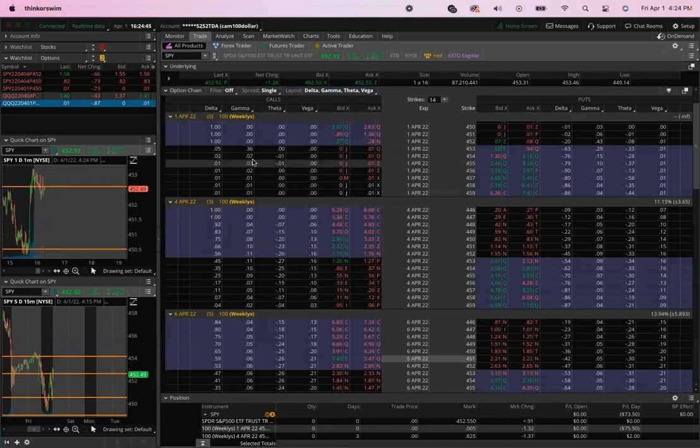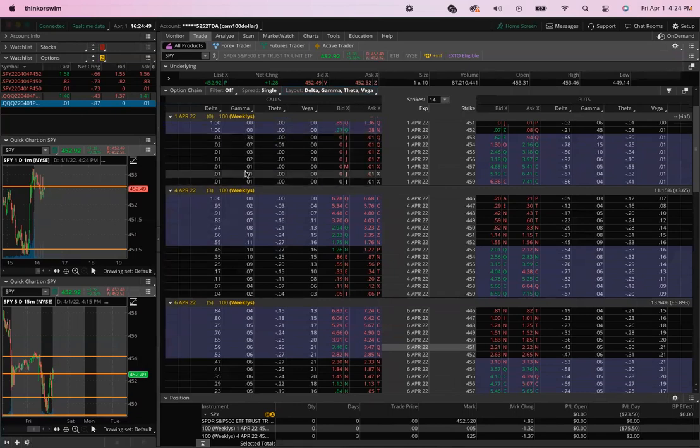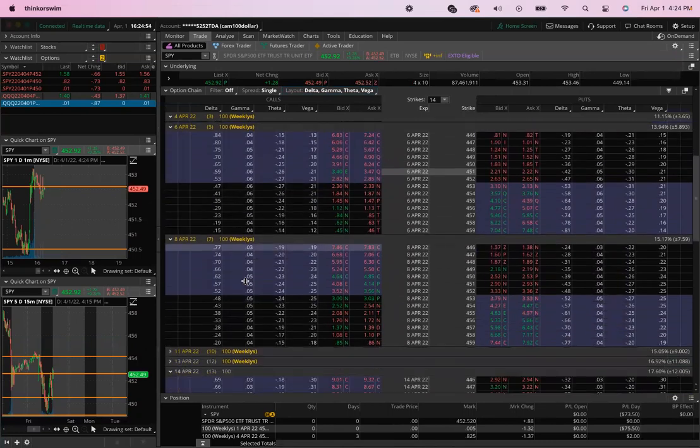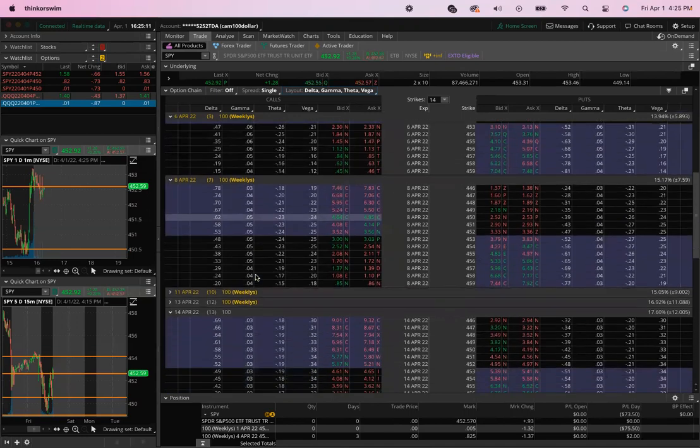You can see the gamma is higher closer to expiration. Obviously these just expired, so the gamma is really high here. The gamma here is a little lower, here it's even lower, right? So the further away from expiration it is, the less the contract's price will change when the underlying changes, right?